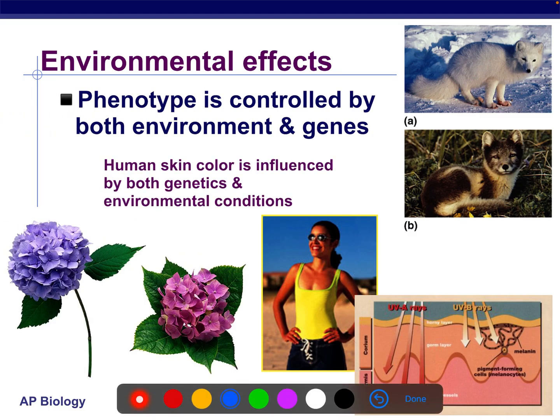And the last thing we really need to talk about today is just environmental effects. And so there are some genes that can be controlled by environmental influences. One that's a really great example, you might have these at your house at home, is hydrangeas. Based on the amount of nitrogen that is present in the soil, that can change the expression of their flower color.